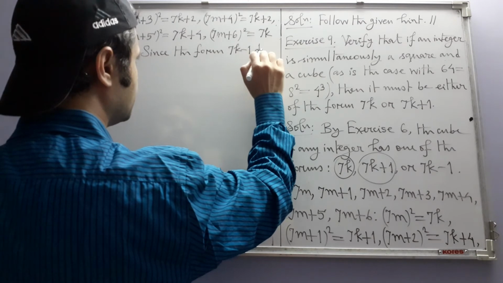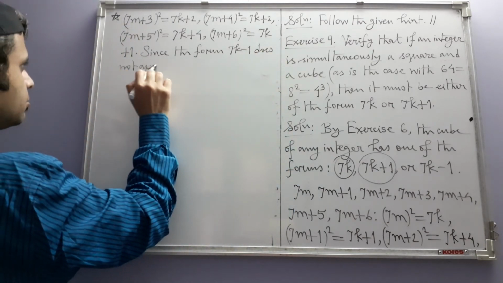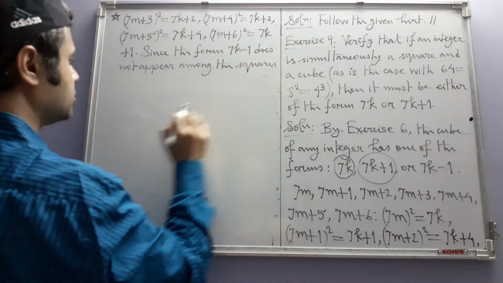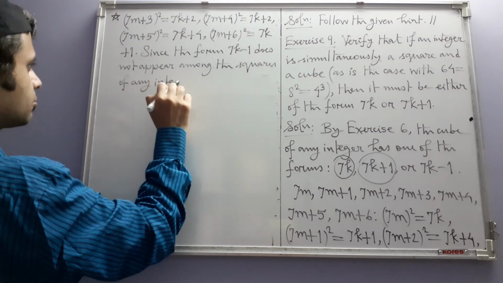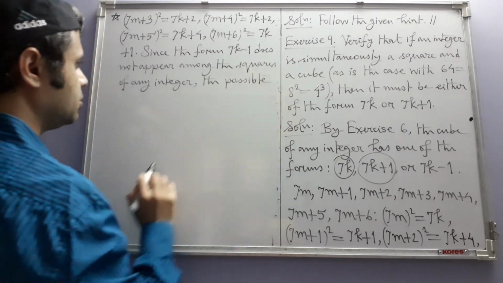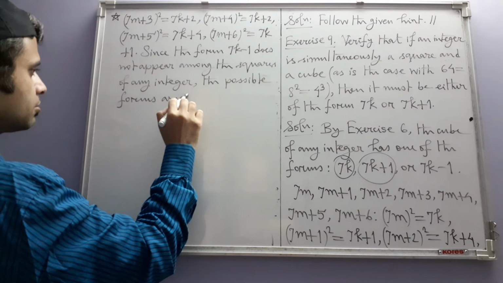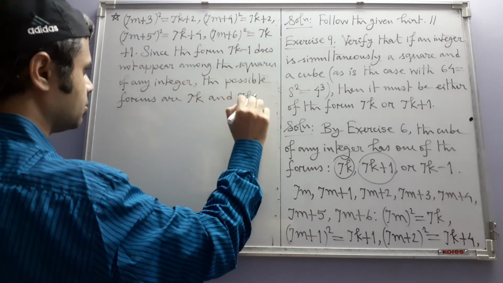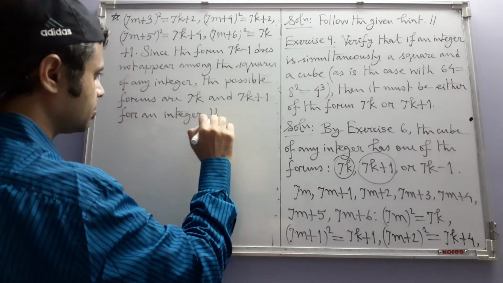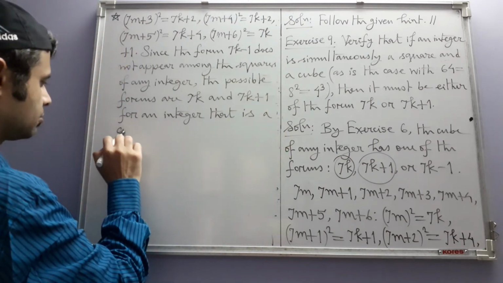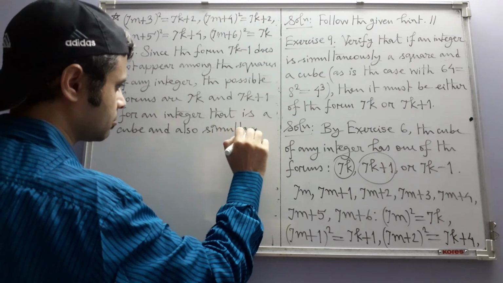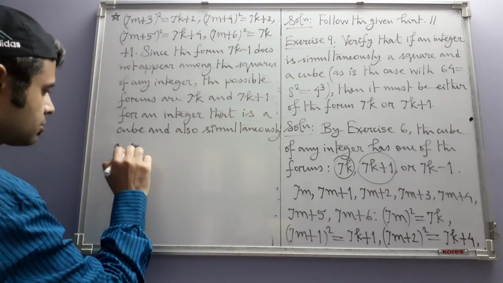Since the form 7k minus 1 does not appear among the squares of any integer, the possible forms are 7k and 7k plus 1 for an integer that is a cube and also simultaneously a square.